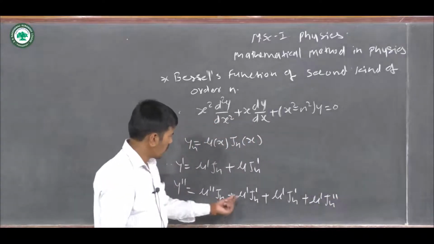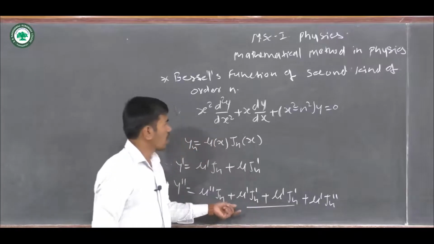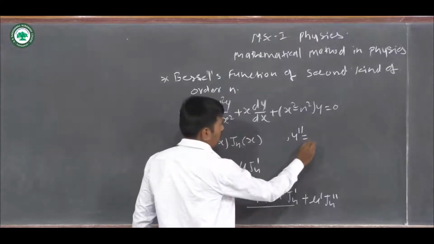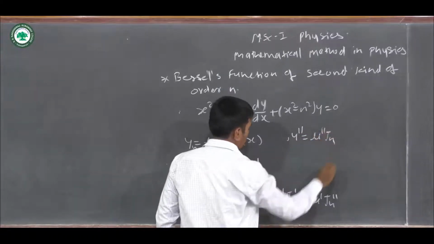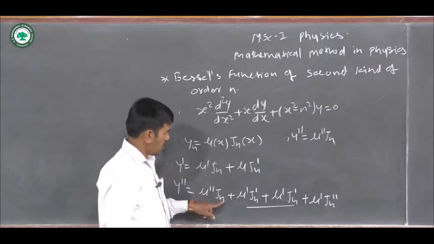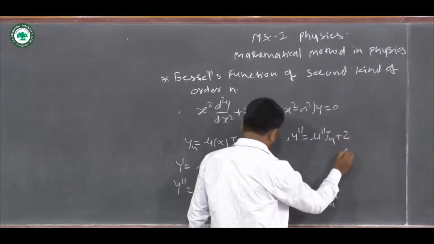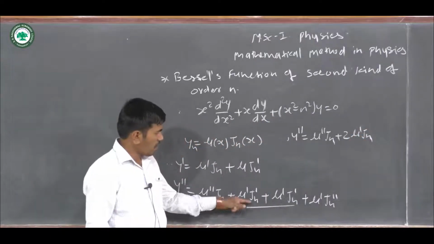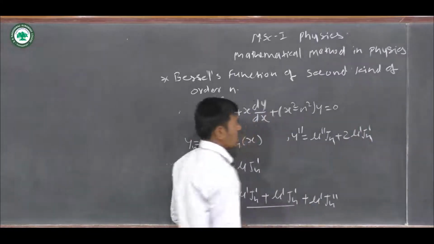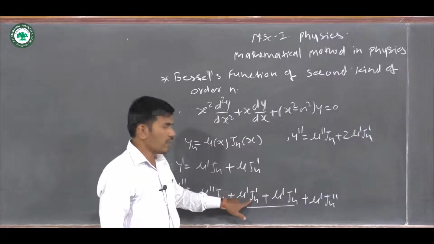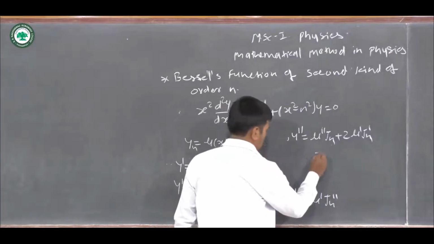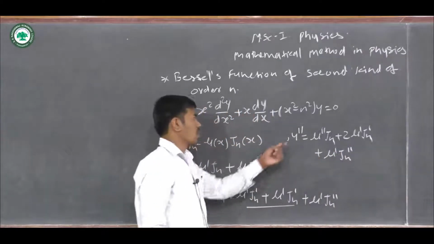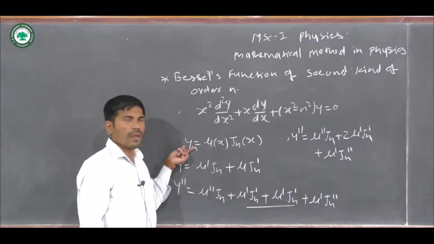So we can write y double prime equal to u double prime Jn plus 2 u prime Jn prime plus u Jn double prime. This gives y double prime, y prime and y.